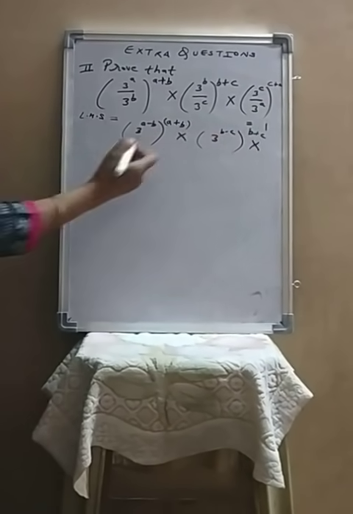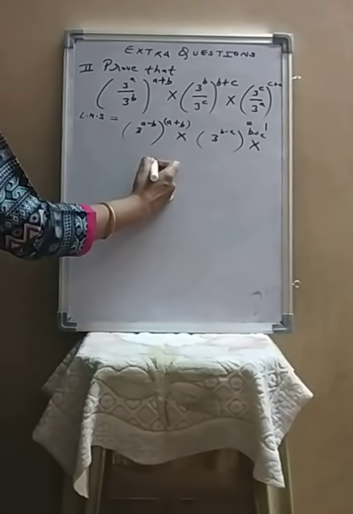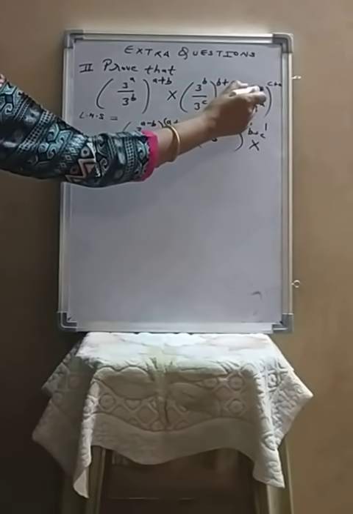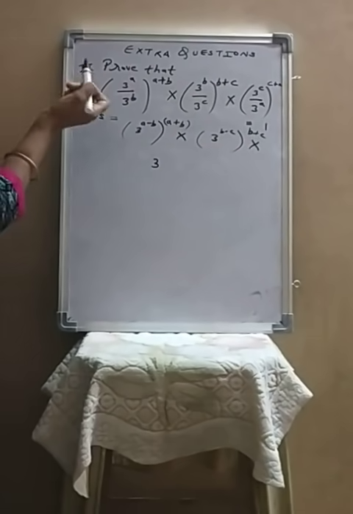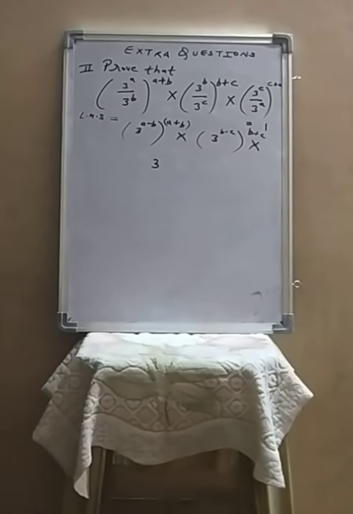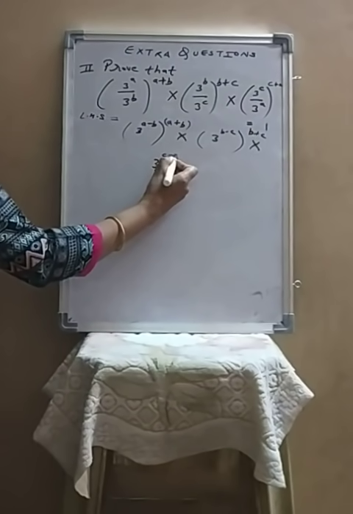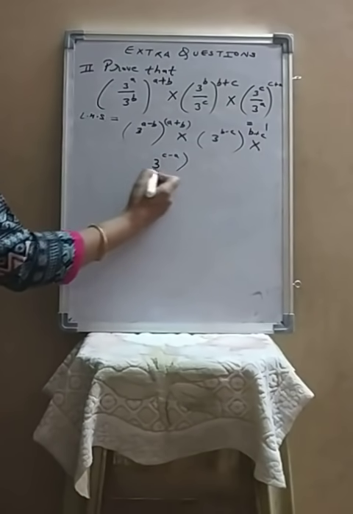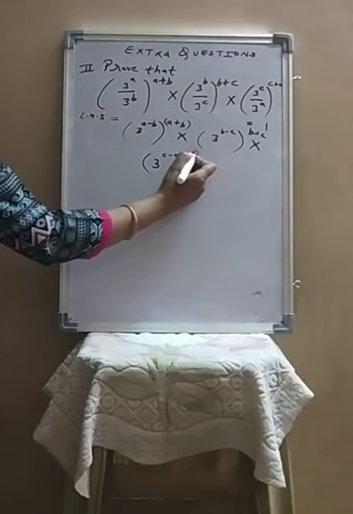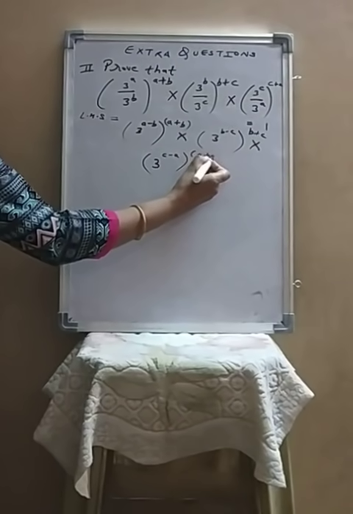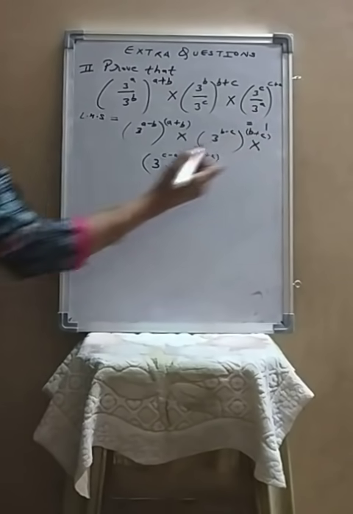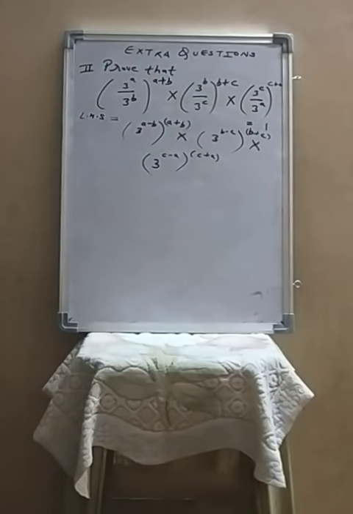And another term we have in the similar way, 3 raised to the power c in the numerator and in the denominator it's a, the numbers are in division, so I can write 3 raised to the power c minus a inside the bracket, and outside I have c plus a. So same law I have applied 3 times.